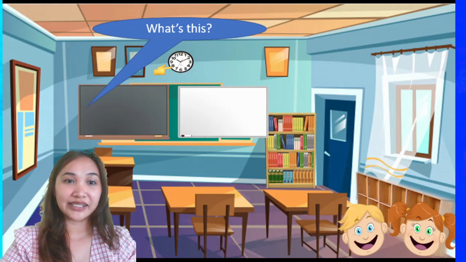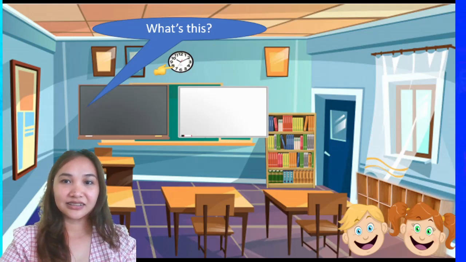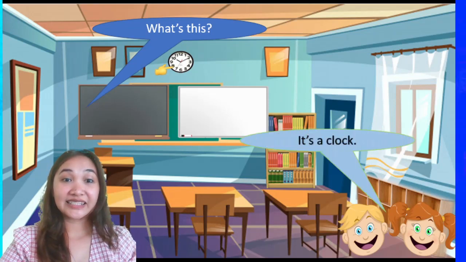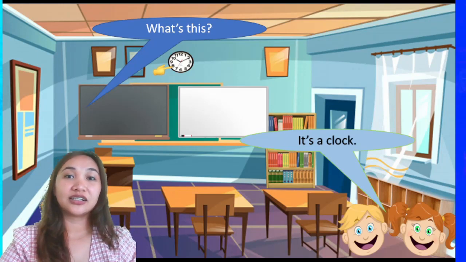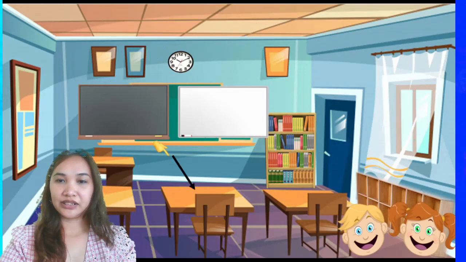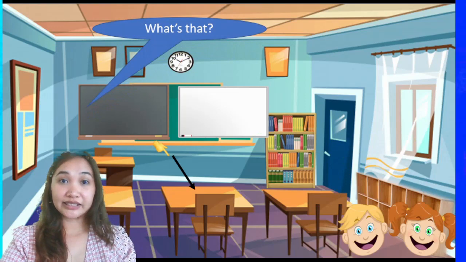Okay, so look at the hand there. What's this? It's a clock. Very good. Now look at the hand pointing to the clock, and the hand is near to the clock. Okay, another example.